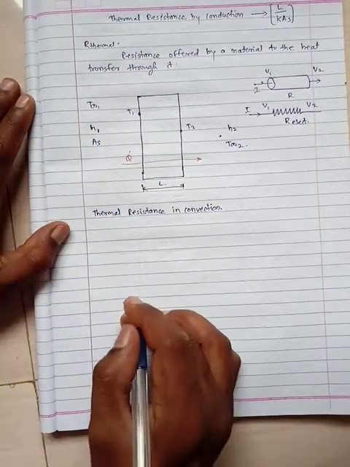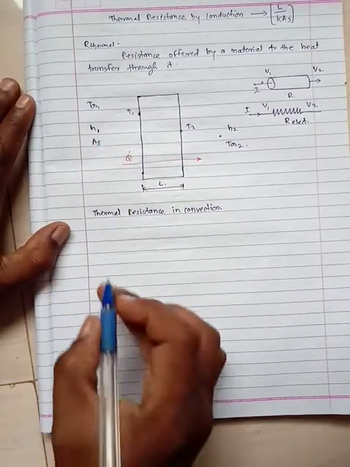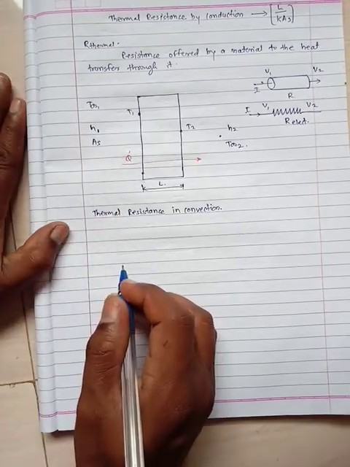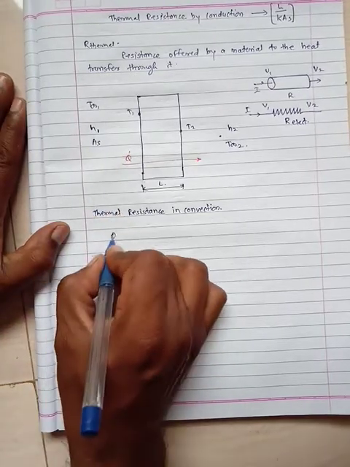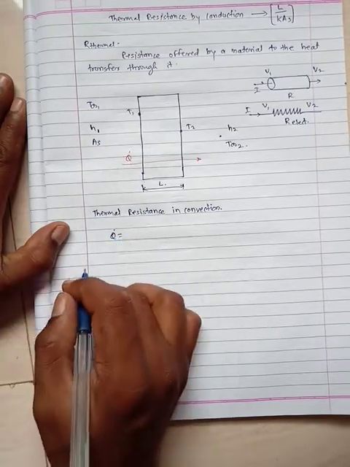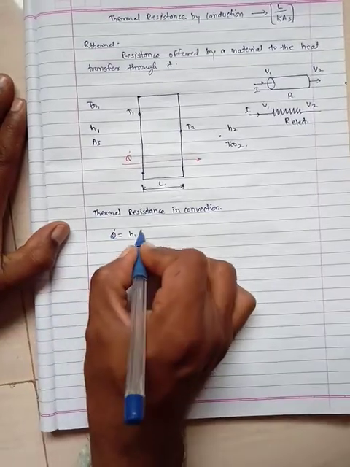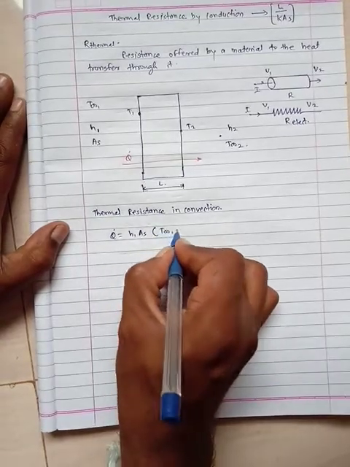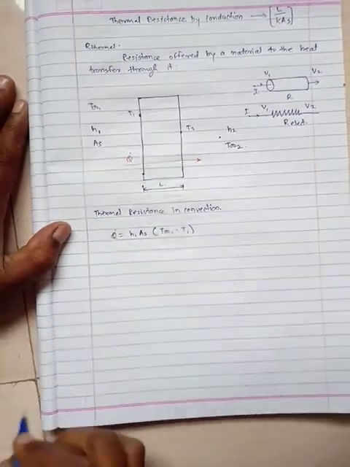So for that we will use the left hand side. At the left hand side of this figure we will apply Newton's law of cooling, which shows that the heat transfer rate is equal to h1 times surface area times (T infinity 1 minus T1).